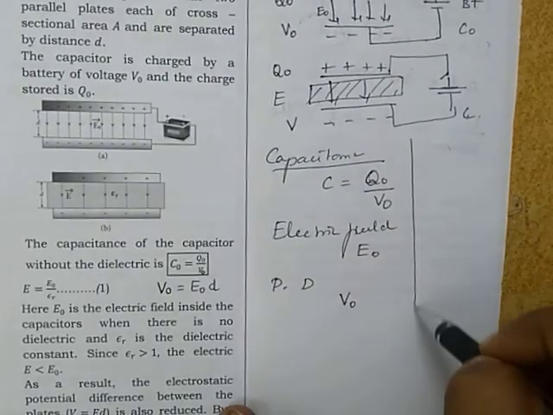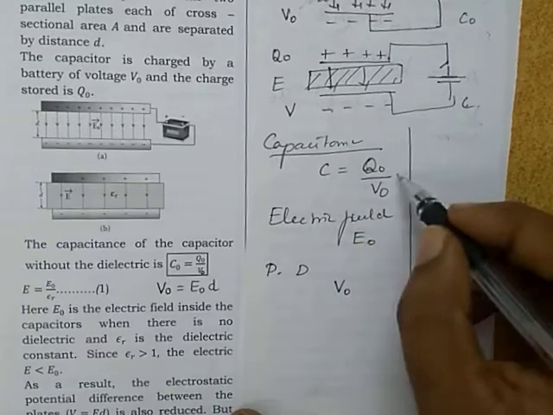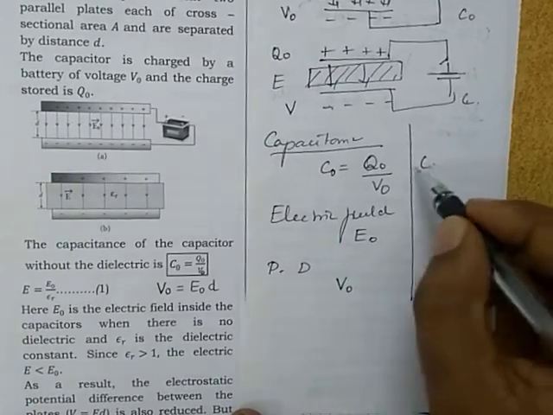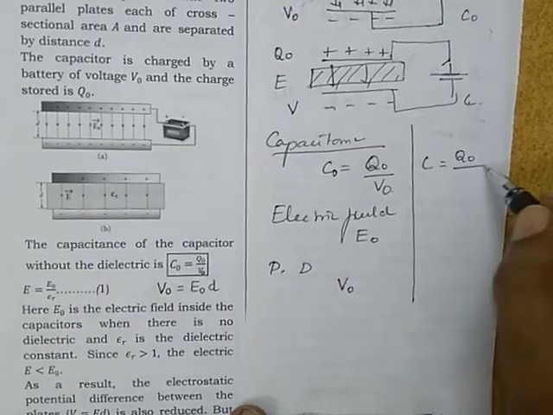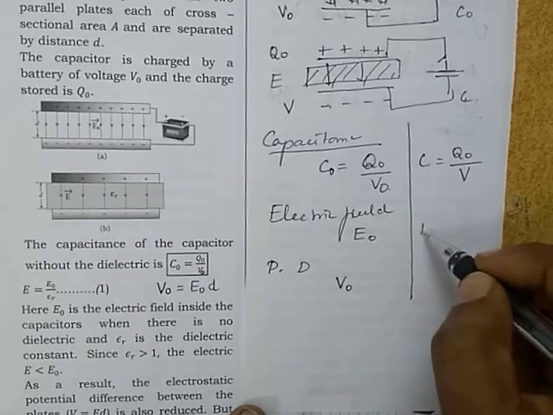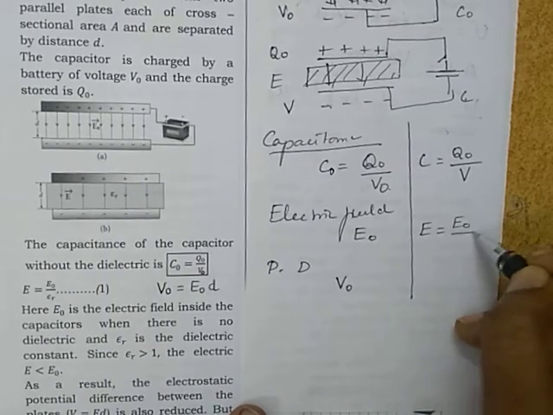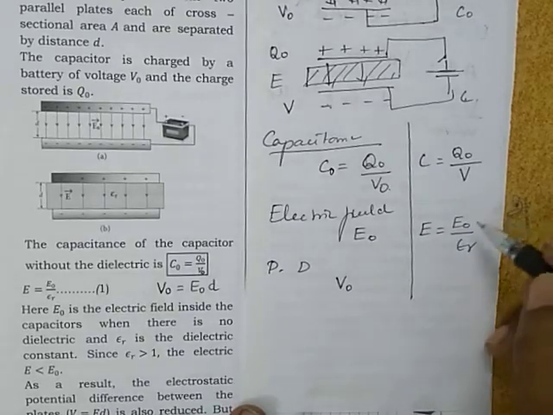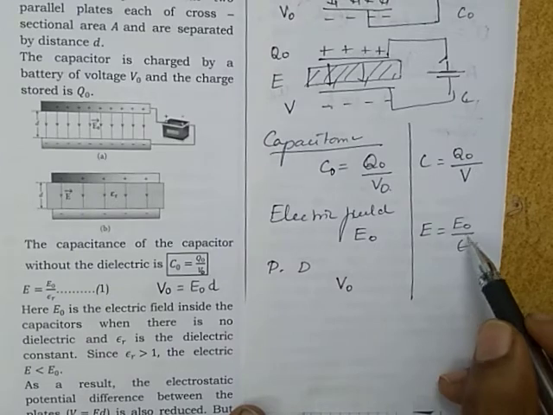Then the dielectric is placed. At that instant C0 became C, which is equal to Q0 by V. Then the electric field E is equal to E0 by epsilon r, because we are placing the dielectric between the parallel plate capacitor. So the electric field decreases.